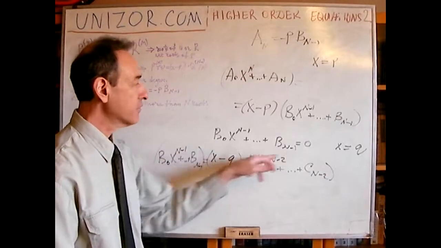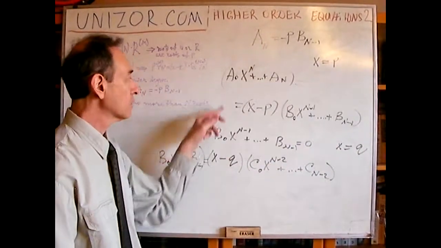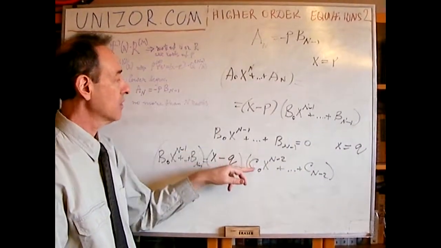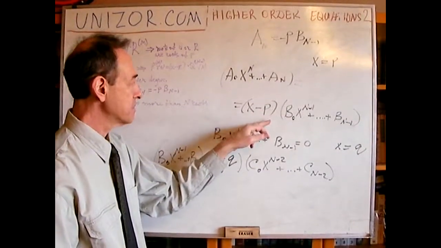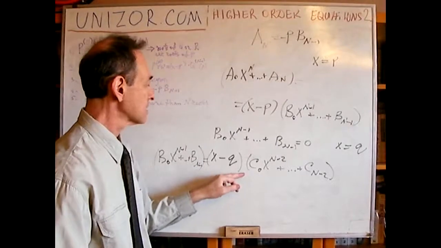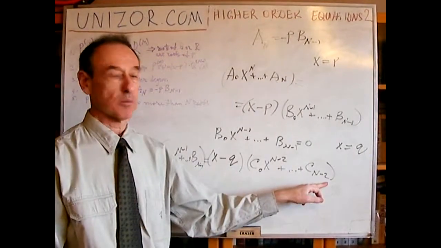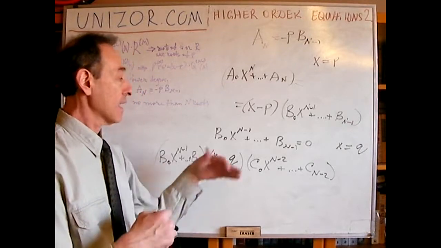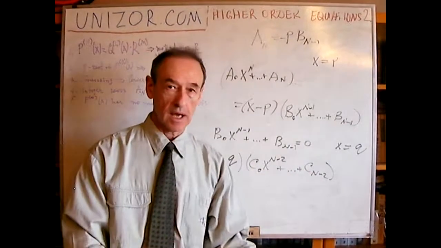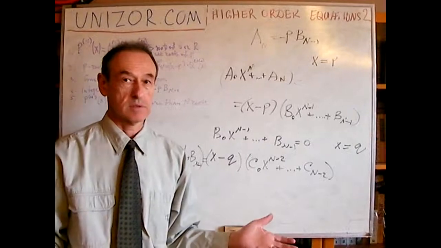So with every solution, we can represent the original polynomial as a product of x minus p times x minus q times the c polynomial, which is of n minus second degree. And this in turn can be done many times. How many times?